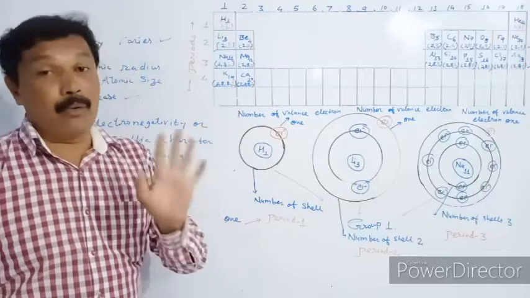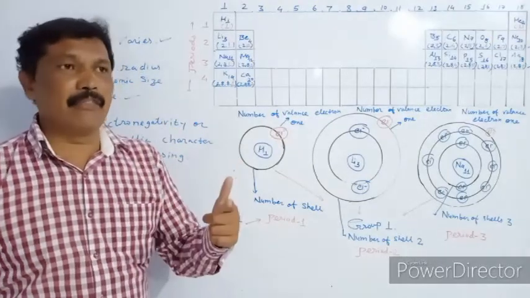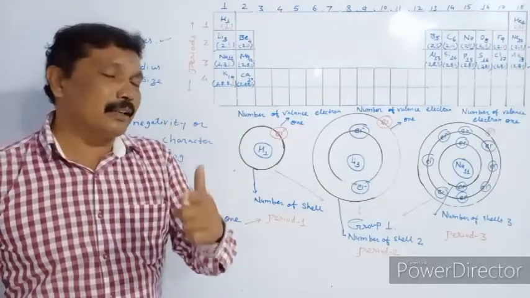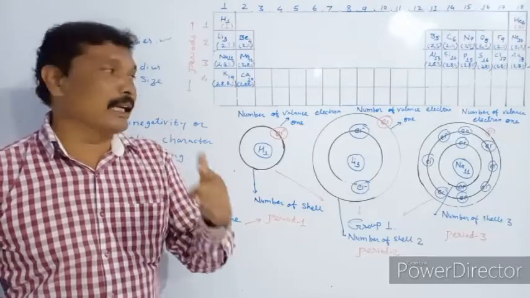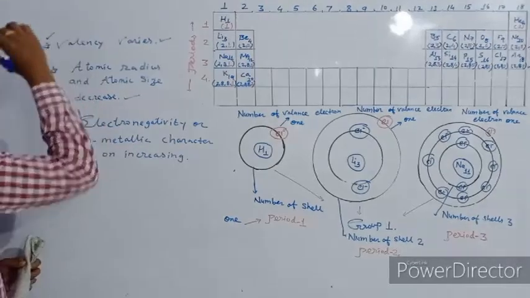Now, we will have brainstorming on each and every factor in detail. The first factor which we are going to consider is valency.